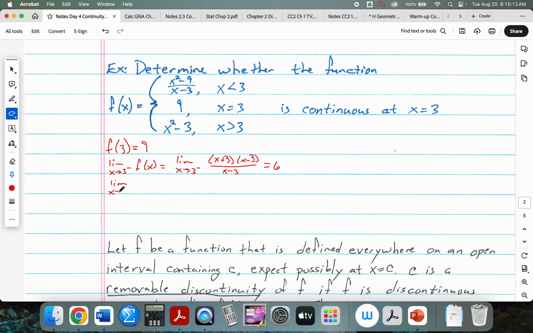So the limit as x approaches 3 from the right of f of x is the limit as x approaches 3 from the right of x squared minus 3, which is also 6.